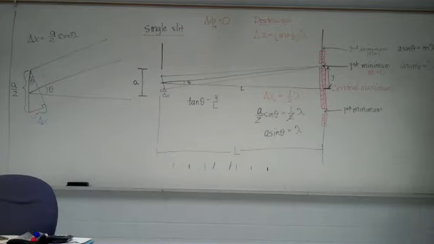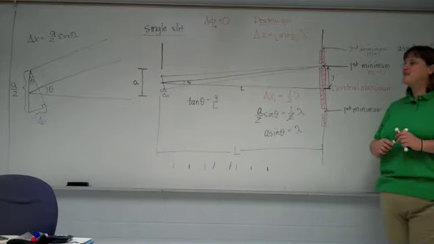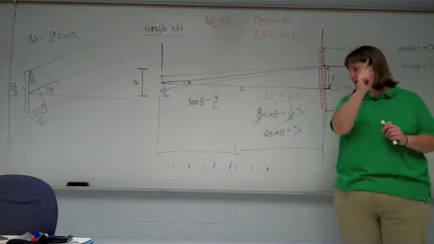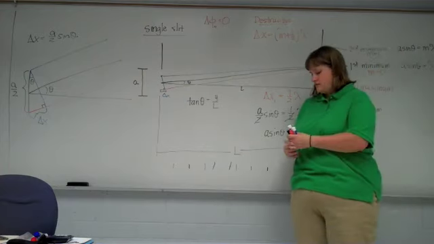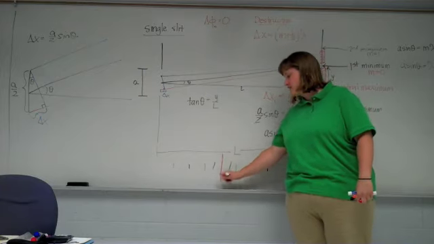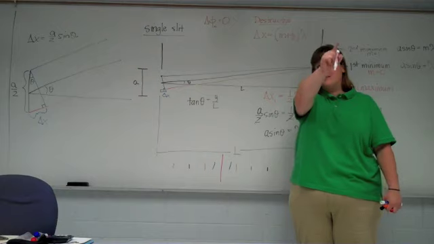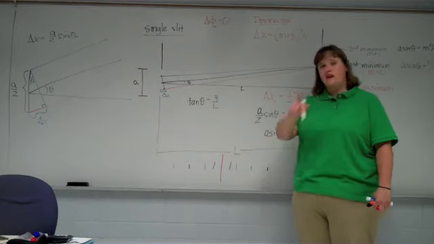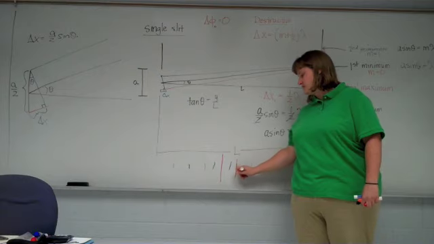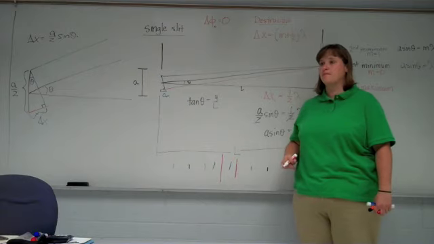Now, theta. Imagine drawing a line from that slit back there in the back of the room. One of them to the middle. So the middle of the central max is right there. So one line from that slit to here, and then one line from that slit to the first dark spot, which was here for our original setup.